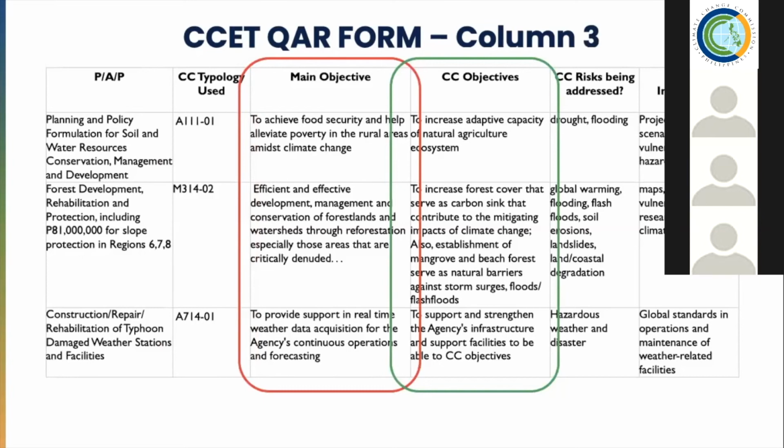In the event that the PAP's main objective corresponds fully to climate change, it is important to note that the amount shall be tagged entirely as climate change responsive in the BP201F or DBM Form 711. However, in cases wherein the PAP only contains specific components that are considered climate change responsive, only the budget allocation for that component shall be tagged.